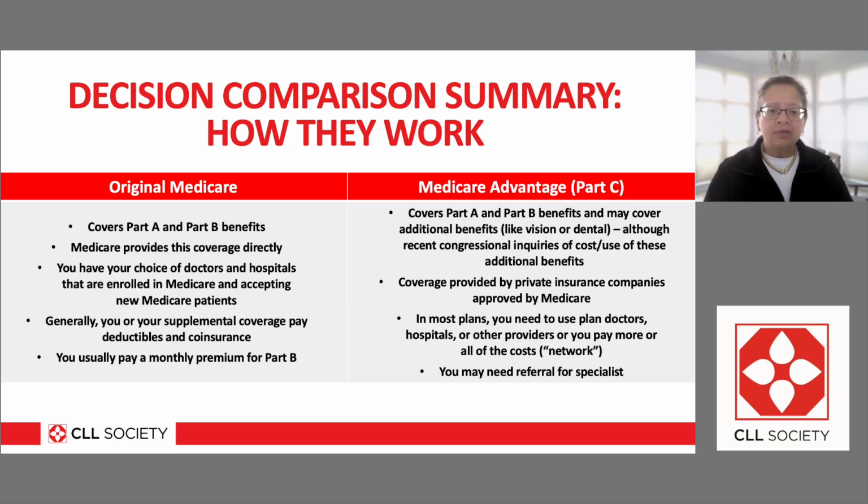Also want to highlight that you have a choice of doctors and hospitals, whereas you have to stick with the network on the right-hand side. And I guess I didn't point out that you may also need a referral for a specialist if you choose Medicare Advantage on the right-hand side.